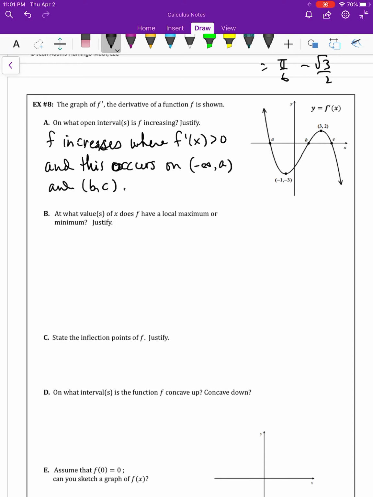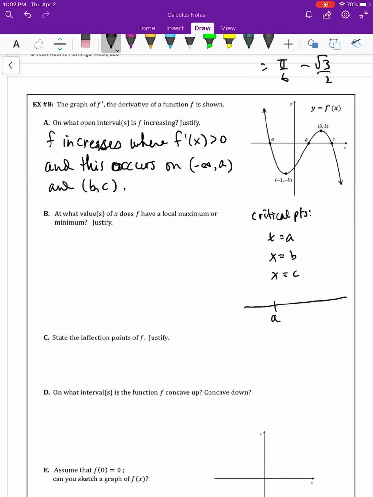At what values of x does f have a local maximum or a local minimum? So if this is the derivative, remember your zeros for your derivative. So your critical points would have been found by setting your derivative equal to 0, and the critical points would have been x equals a, x equals b, and x equals c.